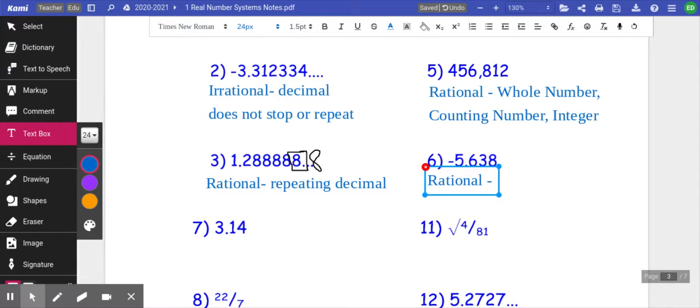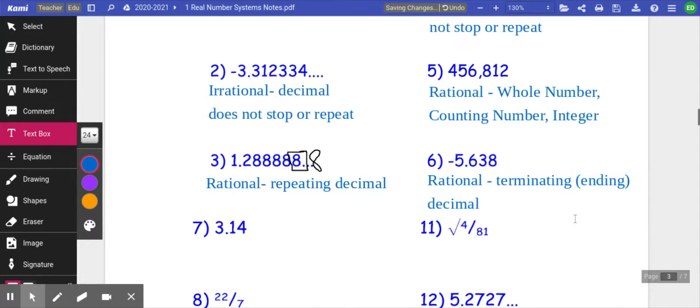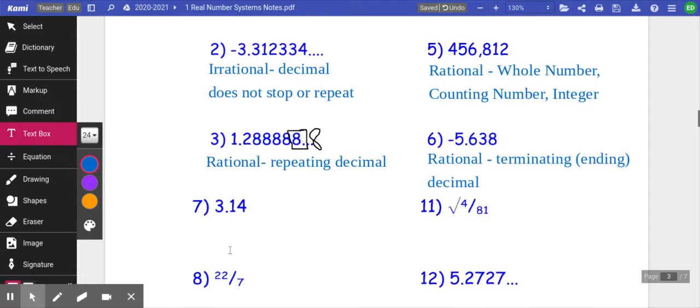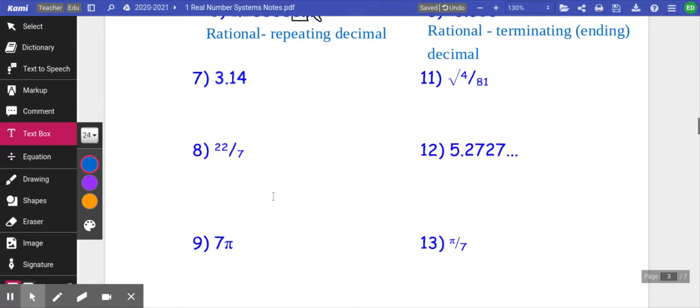Looking back at your notes is a way to help you study and learn the material a little bit better. So this is rational because it's a terminating decimal. You could also use the word ending or a decimal that stops. All three reasonings work perfectly. Okay, so now bouncing down to number 7 here, 3.14.